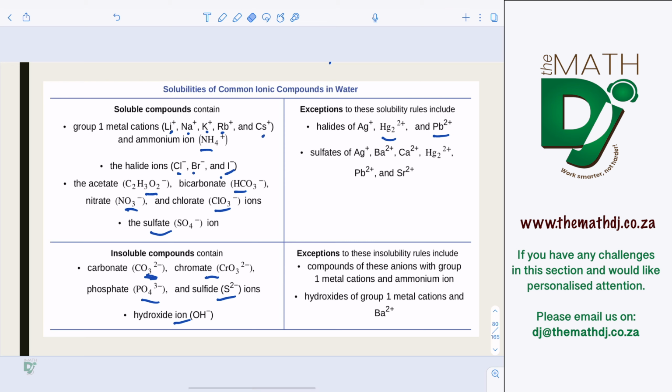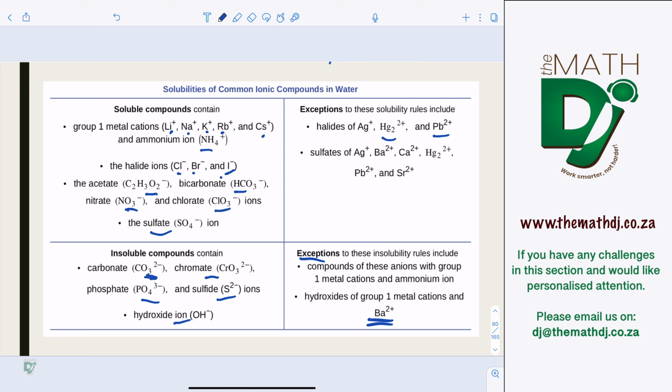So exceptions here. Exceptions to this insolubility rule include compounds of those anions with group 1 metal cations and the ammonium ion, hydroxides of group 1 metals, and barium.